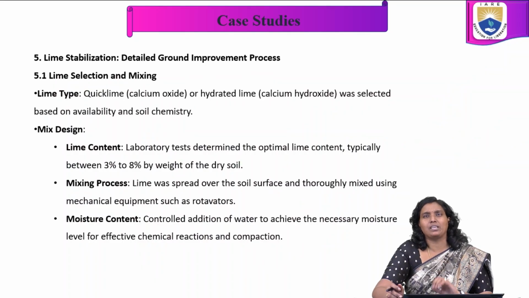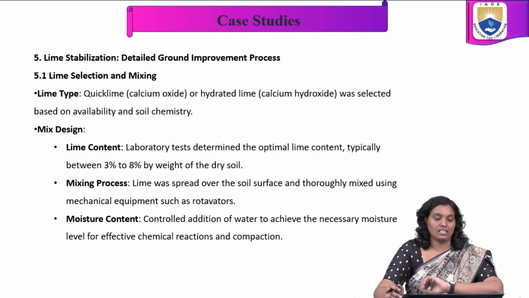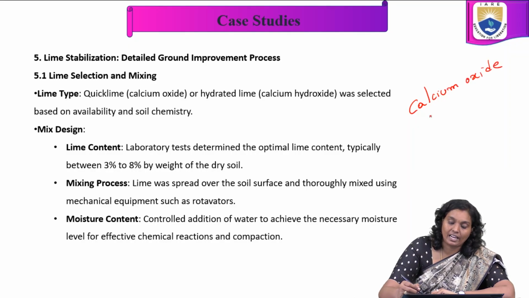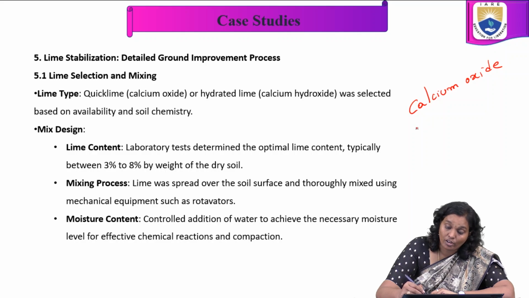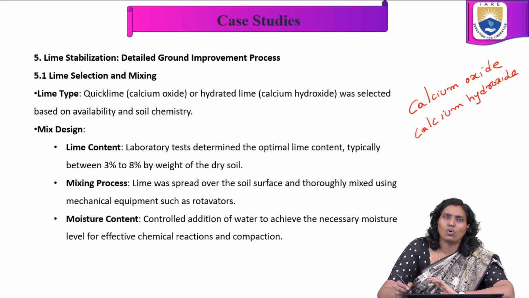In lime stabilization, the detailed ground improvement process covers the lime type, lime selection and mixing. The lime type, quicklime (calcium oxide) or hydrated lime (calcium hydroxide), was selected based on availability and soil chemistry.